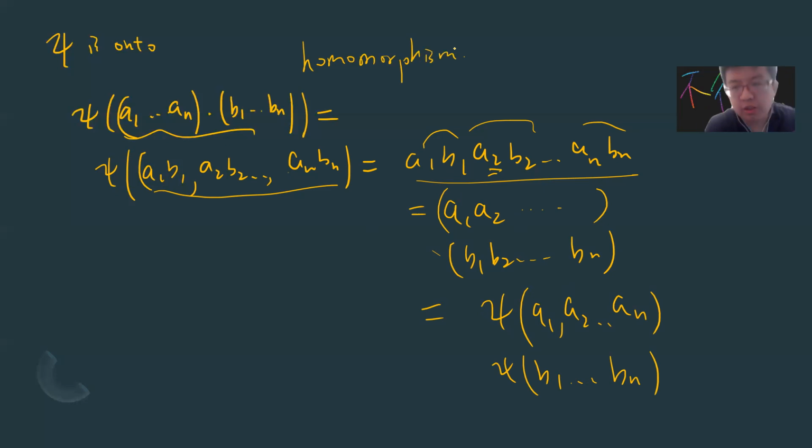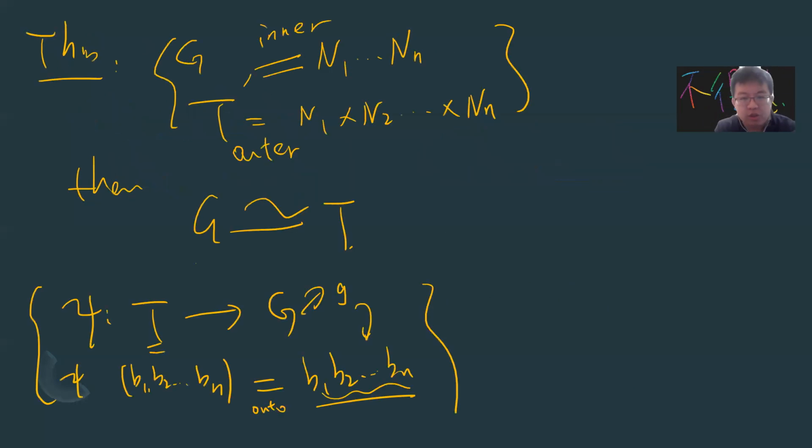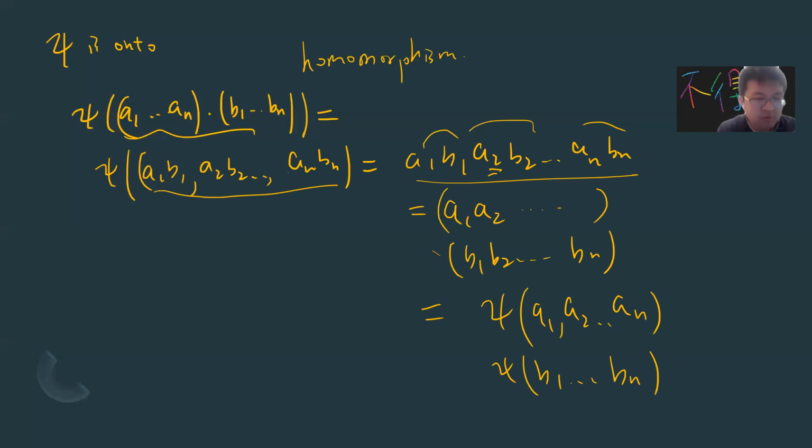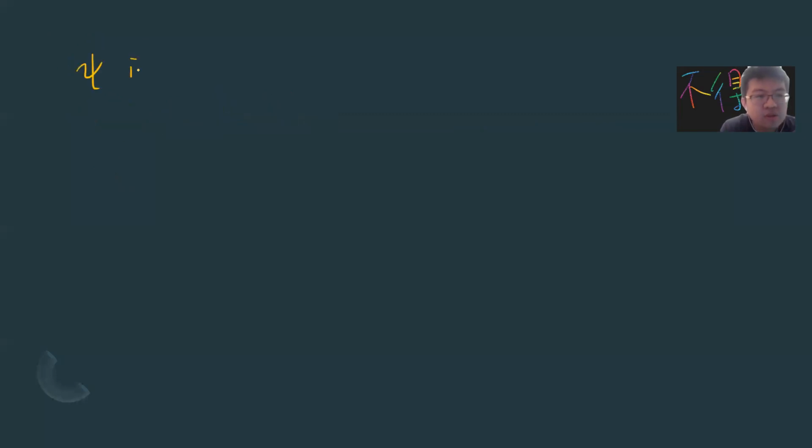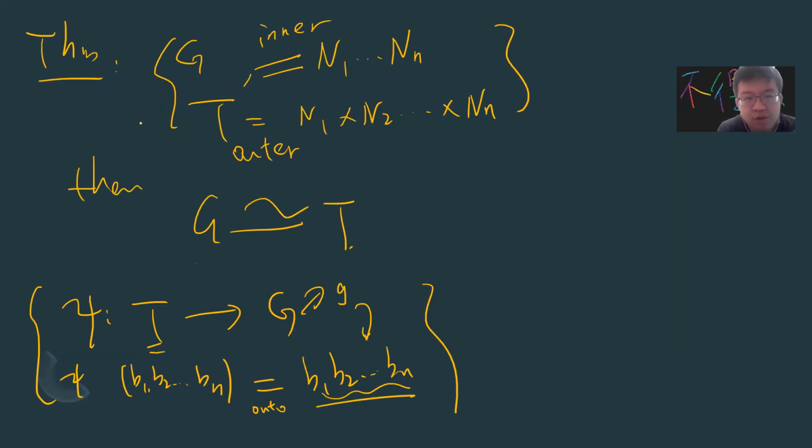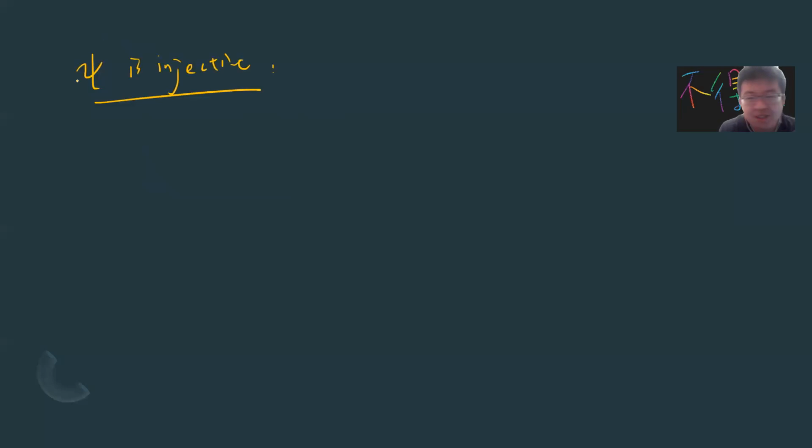Finally, we just need to prove that phi is injective. Hopefully this looks trivial. In order to prove it's injective, I want to prove that if phi of x is identity, then x must be identity.